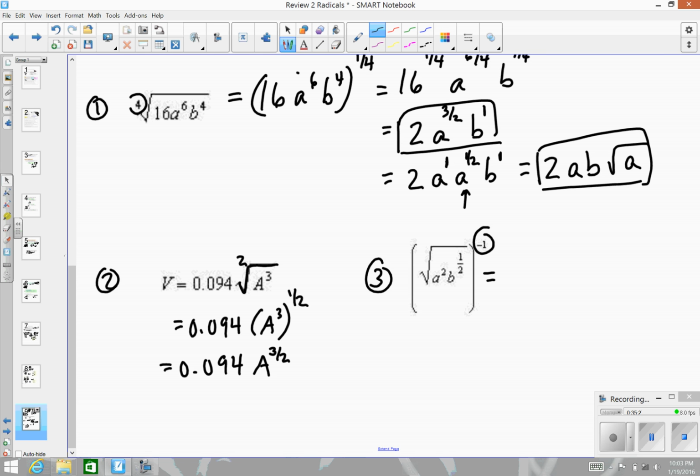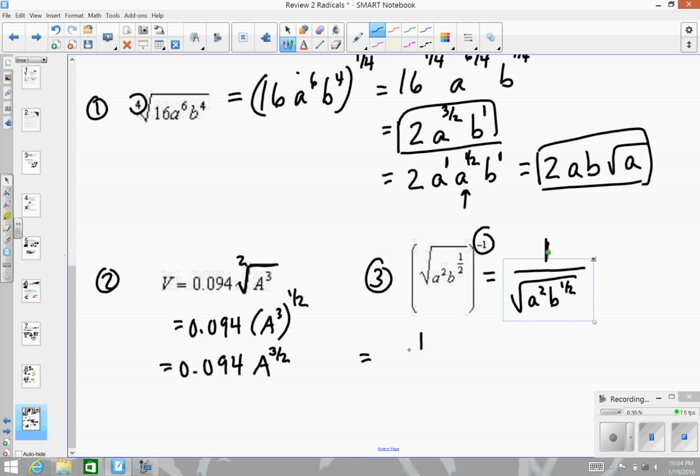Negative exponents can be written as positive exponents by putting them from numerators into denominators or from denominators into numerators. This was a numerator, so I'm going to make it now a denominator, which means I have 1 over that amount. Now, I am going to take my square root sign here, and I'm going to make that into an exponent.